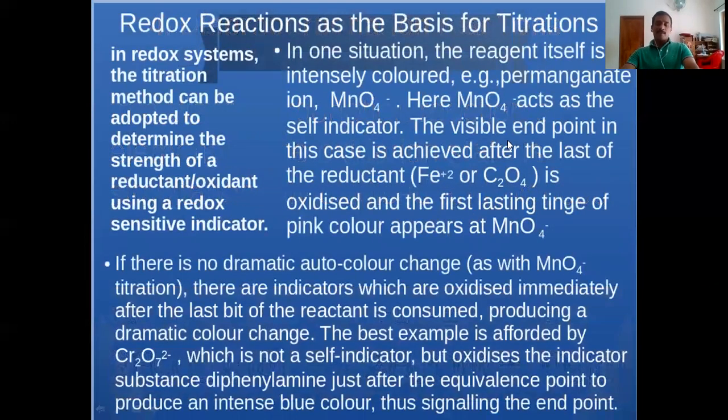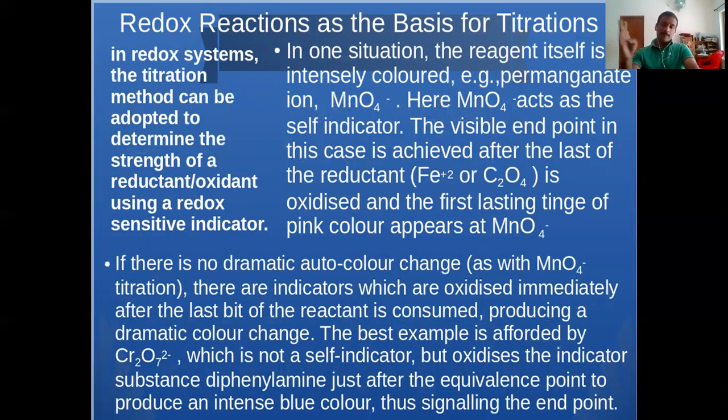Now, an application of redox reaction. Redox reactions can be used for volumetric estimations or quantitative analysis. There are different types of redox titrations. Here we can see 3 of them.